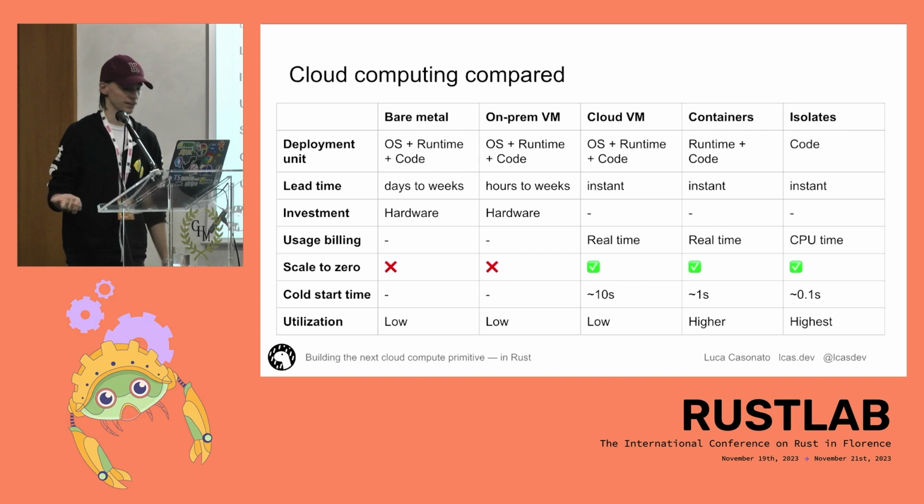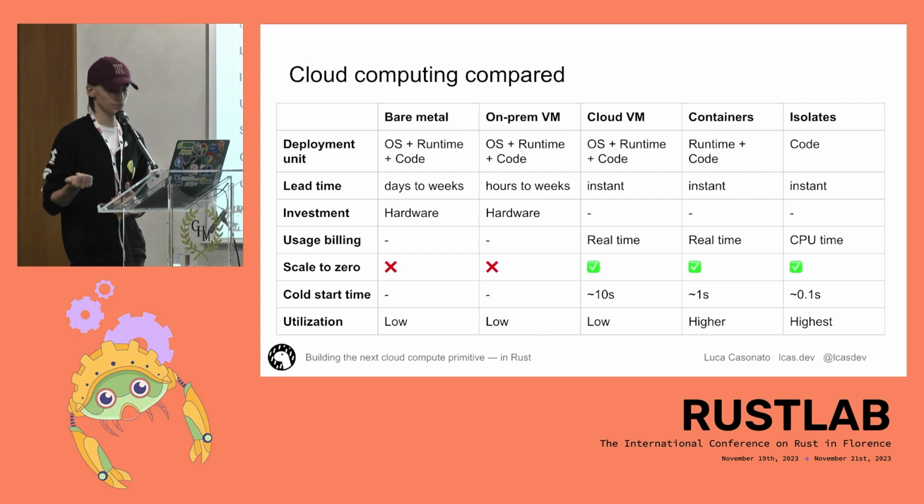On-prem VMs make this slightly better. You still have to wait around for your machines quite long, but once they're there, it's great. You can install things on them much quicker. There's a little bit of isolation, so applications can't really interfere with each other. Then came along EC2, and we had cloud VMs where you had much more capabilities to package things exactly like you wanted, but without the upfront hardware investment.